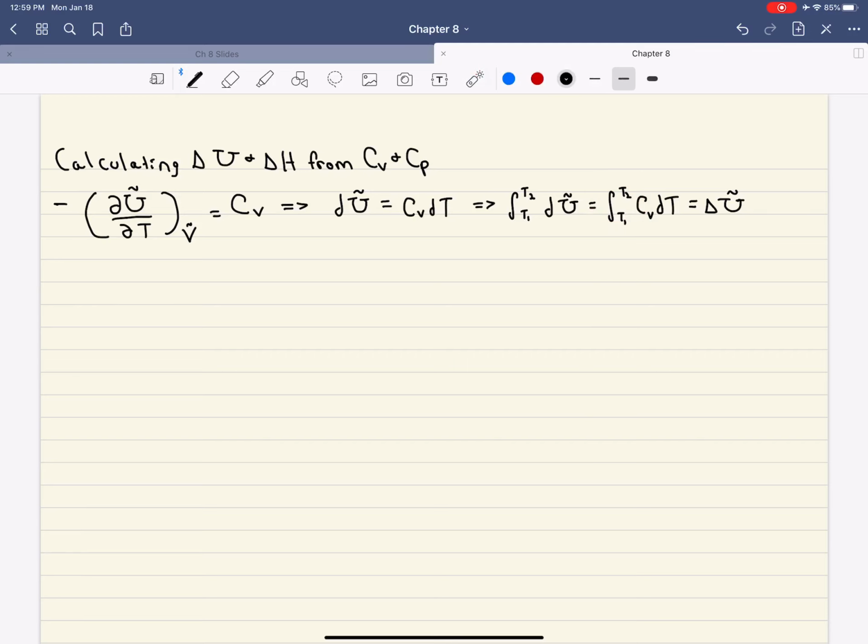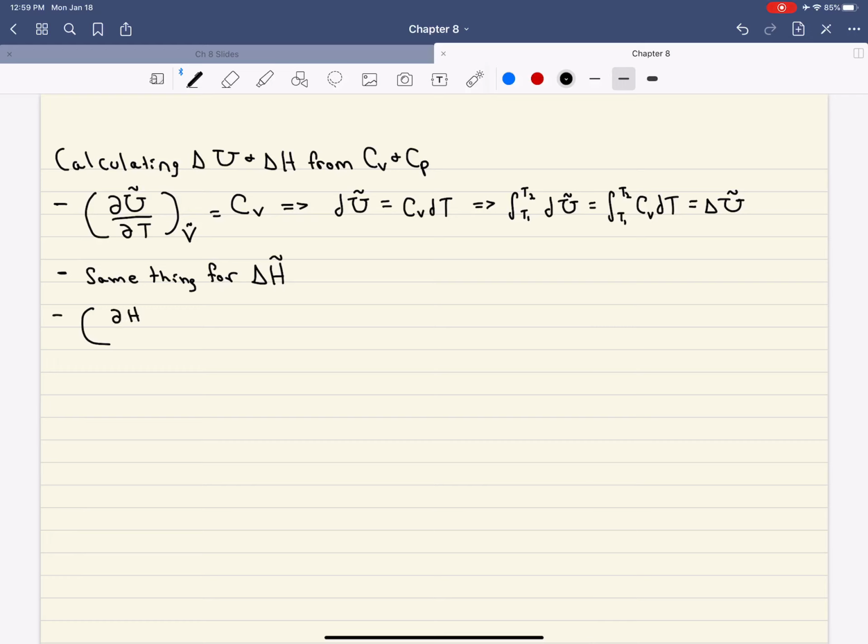In the same exact way, we can also calculate our delta H. But rather than the constant volume heat capacity, we're going to use the constant pressure heat capacity.